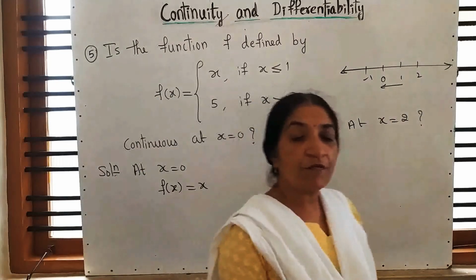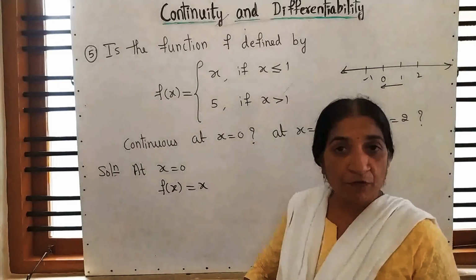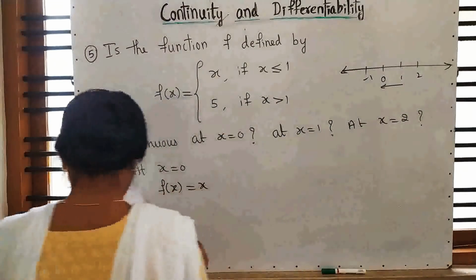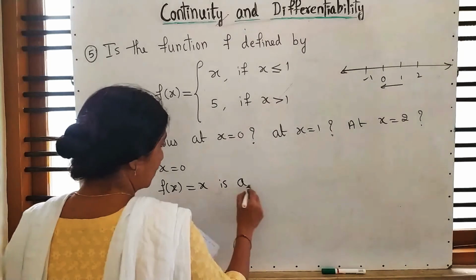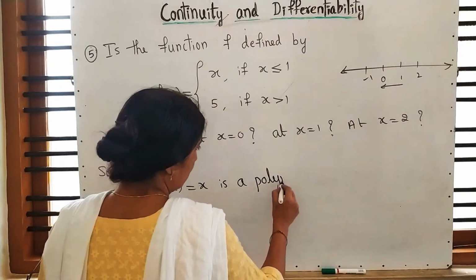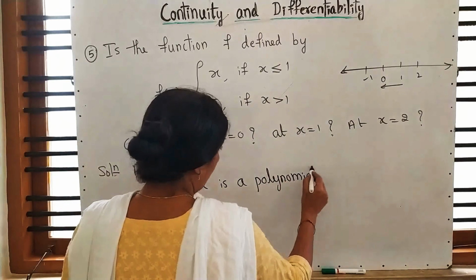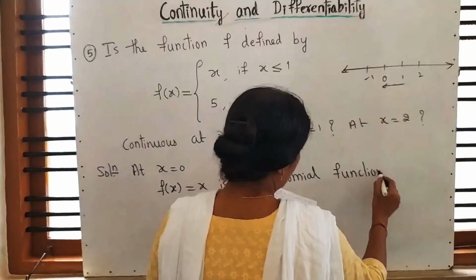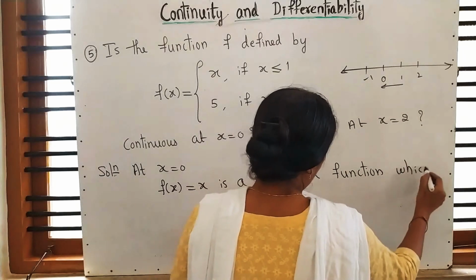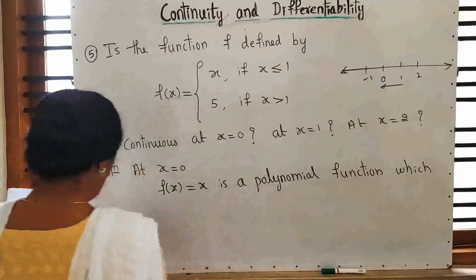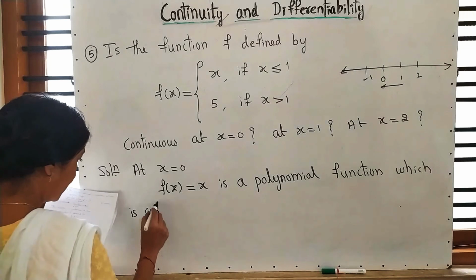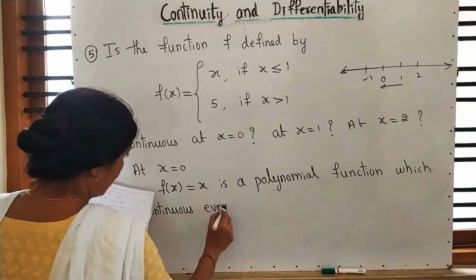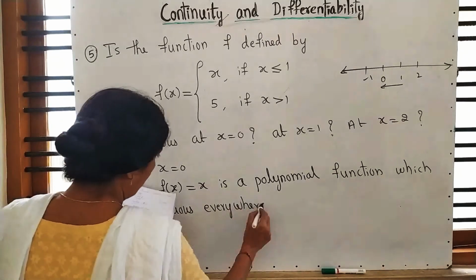And see the student, f of x is equal to x is which type of function? Is it a polynomial or what? Yes. And a polynomial function is continuous everywhere, correct or what?